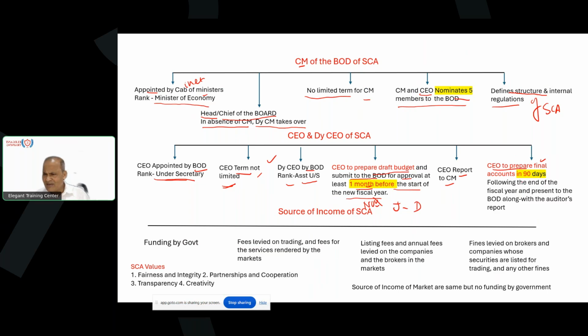And that is 90 days. It means March. Jan, Feb, March. By March, let's say 2025 final accounts must be prepared and placed by the CEO before the board by 31st of March, 90 days. Clear? Good.